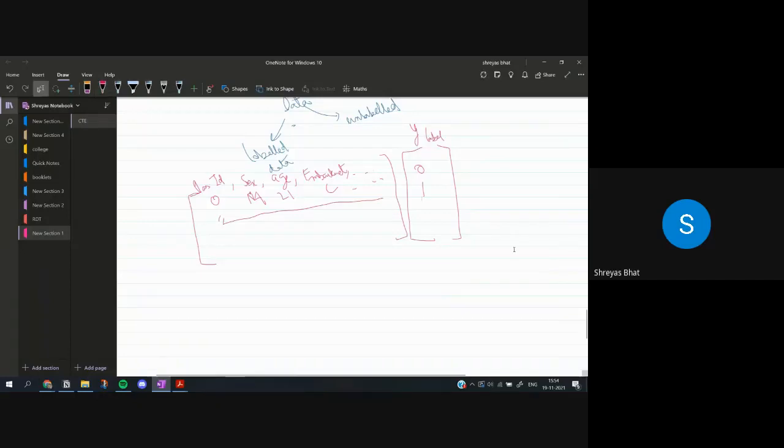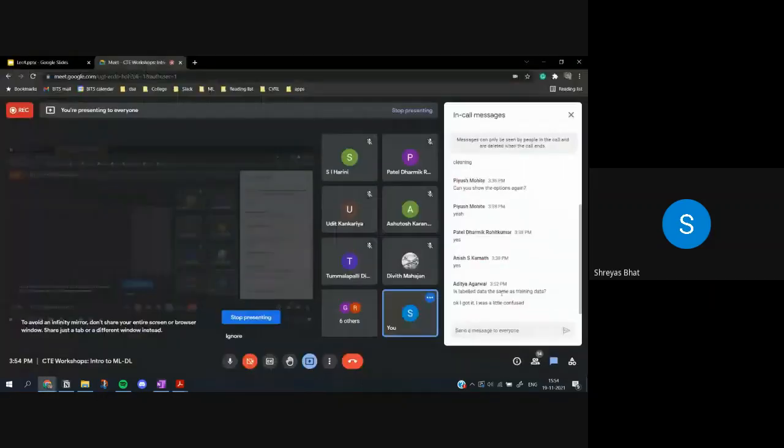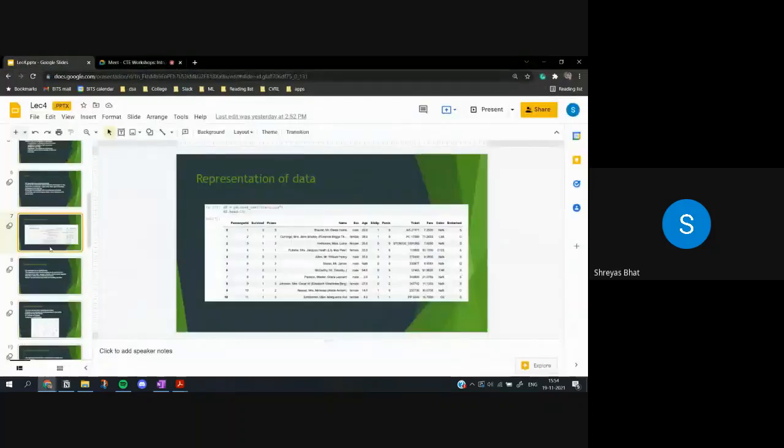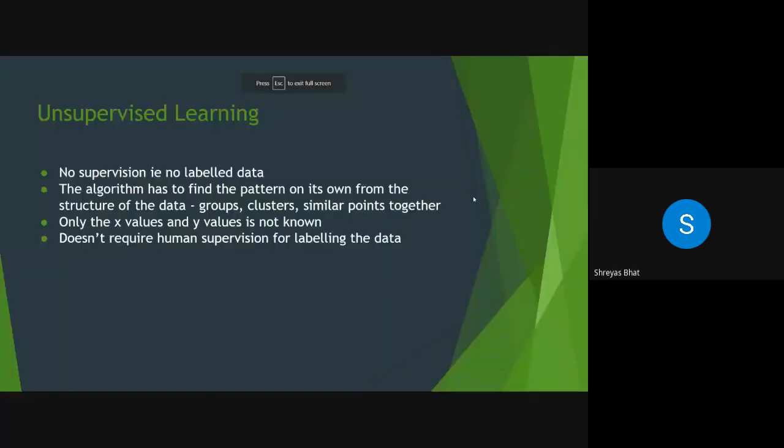That's labeled data. But whereas in unlabeled data, you have all the X values, but you don't have the label. You don't know whether they survived or not. So in that case, what you expect the algorithm to do is to find the pattern in the structure of the data. The algorithm looks at clusters and tries to assign a label to each cluster, whether they survived or they did not survive.